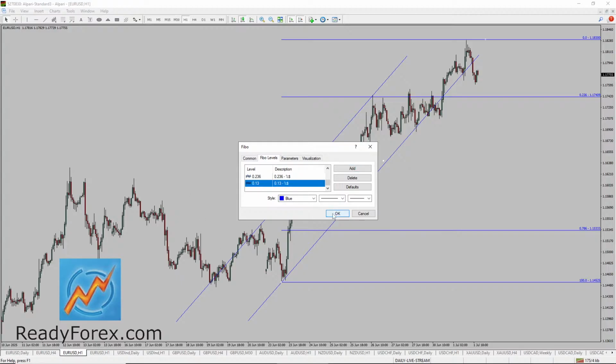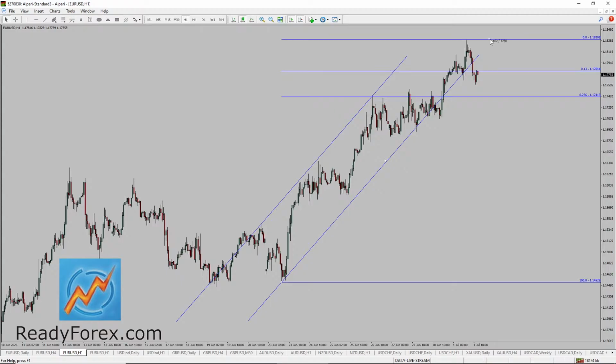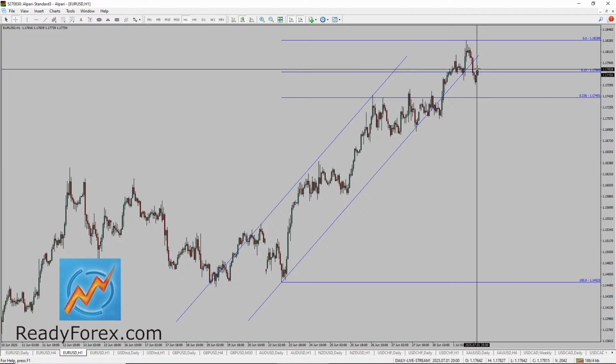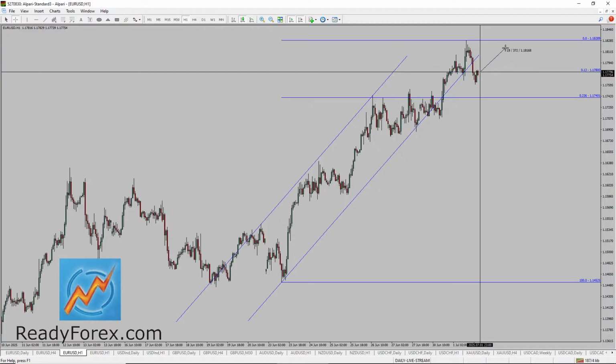Okay, got this fib level over here. Okay, so hopefully market is going to find support over here, and then the chances are high that euro dollar is going to resume the uptrend over here.